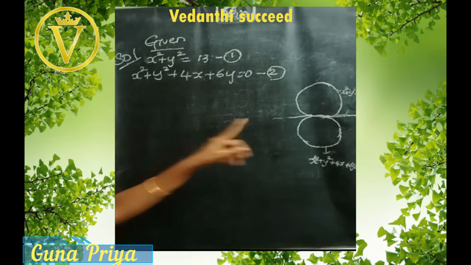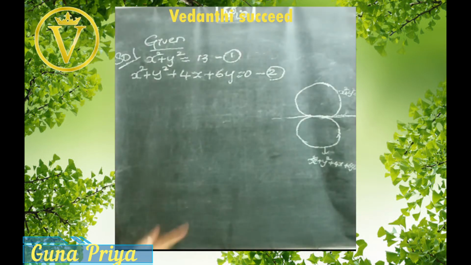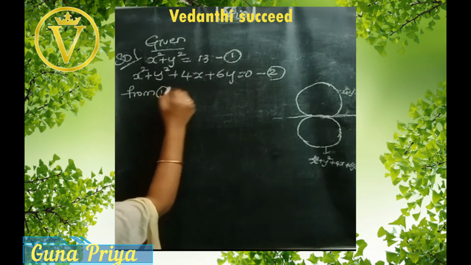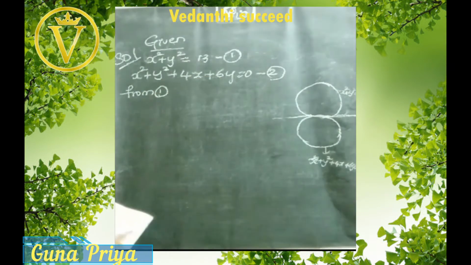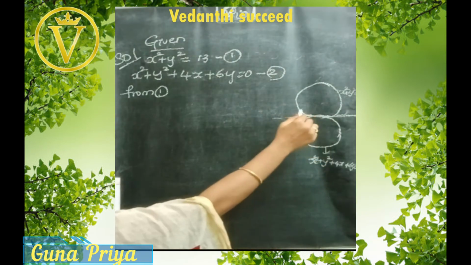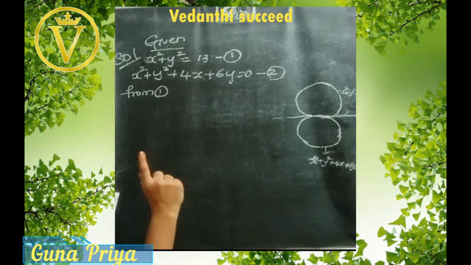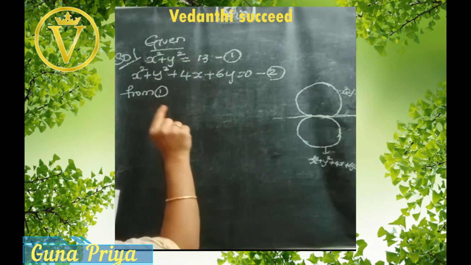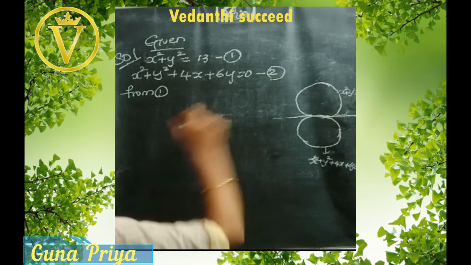So they have given two circles. From the first circle, step 1 is we have to find the equation of the tangent. They have given a point for that.